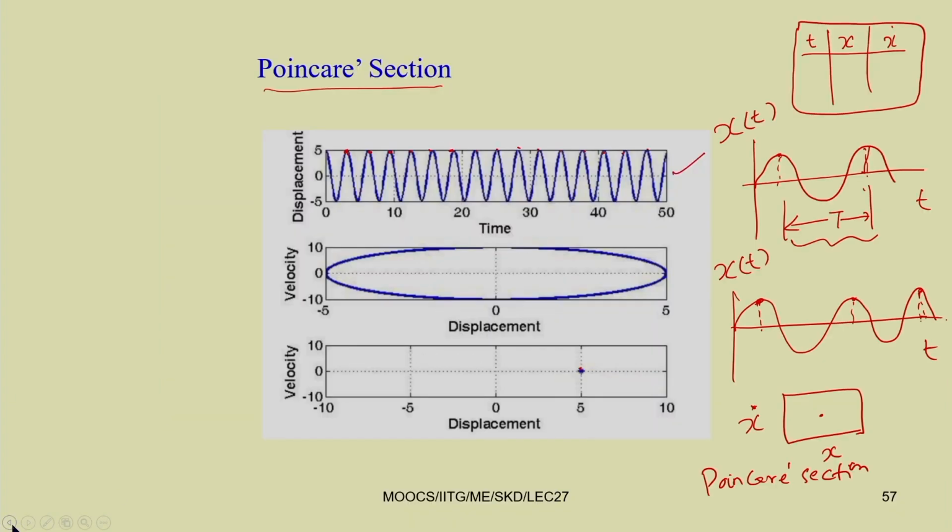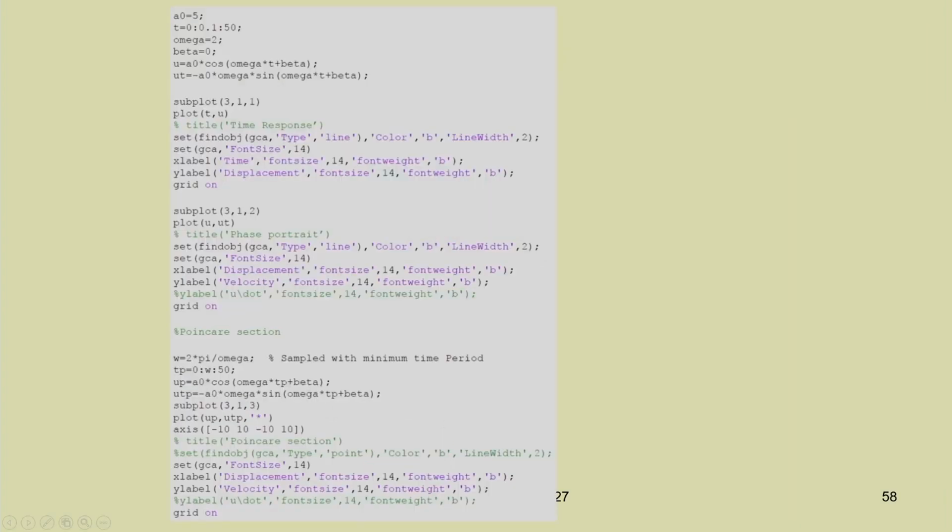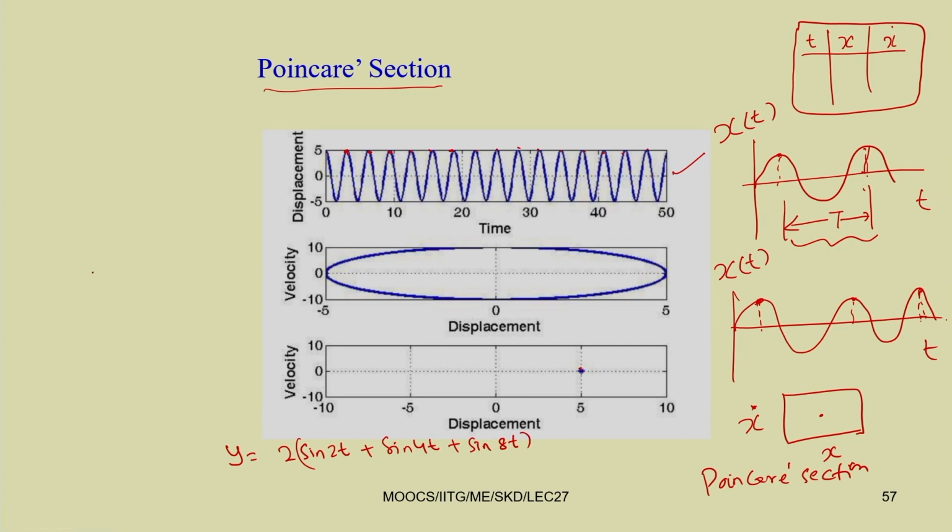Instead of a single period, for example, take y equal to 2 sin 2t plus sin 4t plus sin 8t. In this case you have 3 periods, and if you plot the Poincare section, you will actually get 3 points.